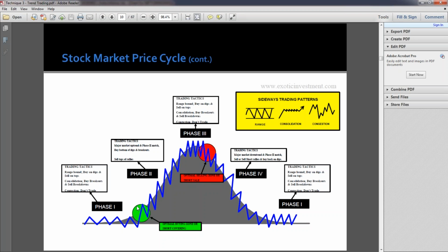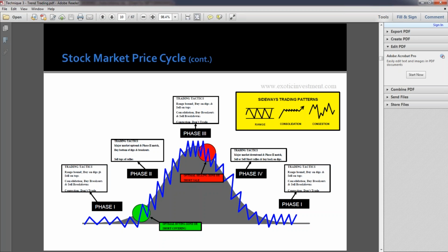Your stock or your underlying asset which you will be buying or selling, that also will go high. That is one of the reasons you will also go with the trend and buy something to make money by buying lower and selling higher. So that is the basic need of a trend trade.